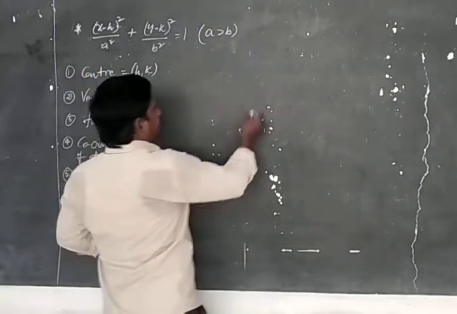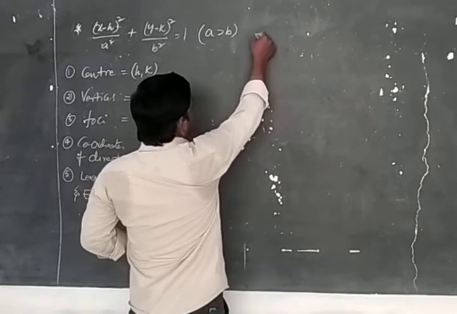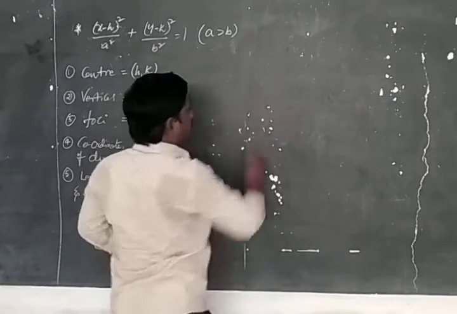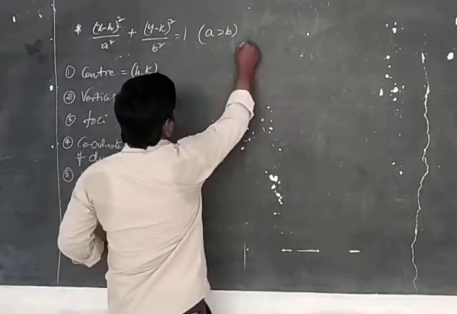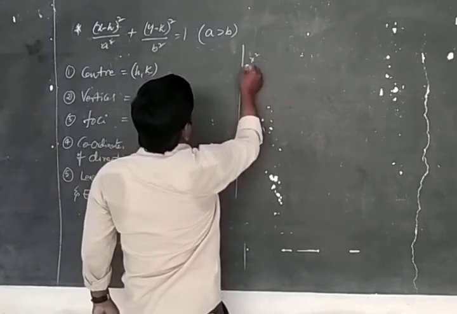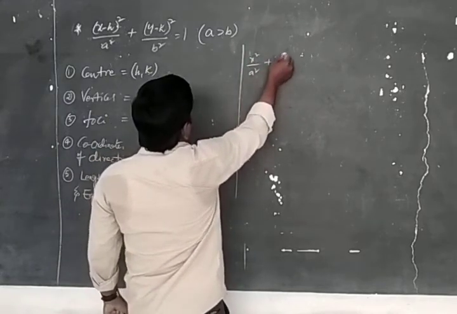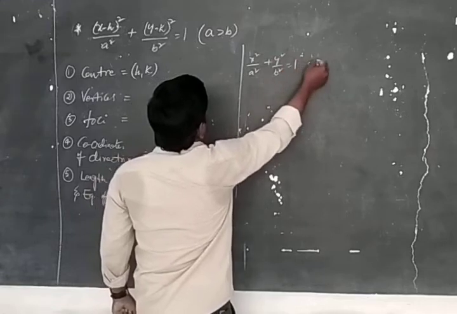Vertices. So compare, I'm writing here x square by a square plus y square by b square equal to 1, a greater than b.